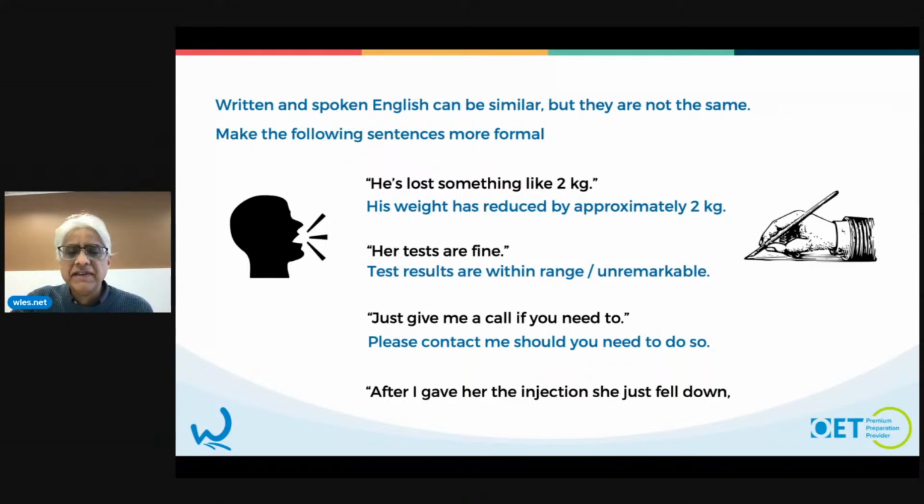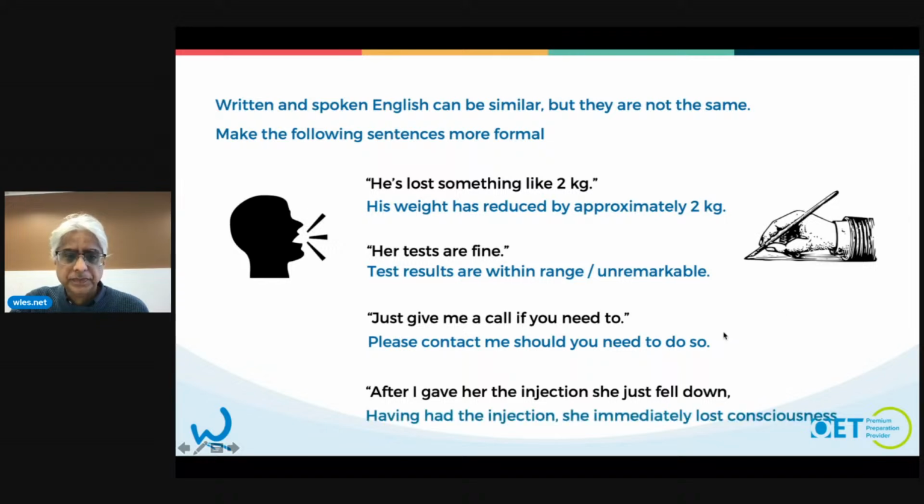Finally, after I gave her the injection, she just fell down. Having had the injection, she immediately lost consciousness, or she immediately fainted, would be another way of saying it. Again, using this "having" clause, "having had the injection", the present participle, we call that.